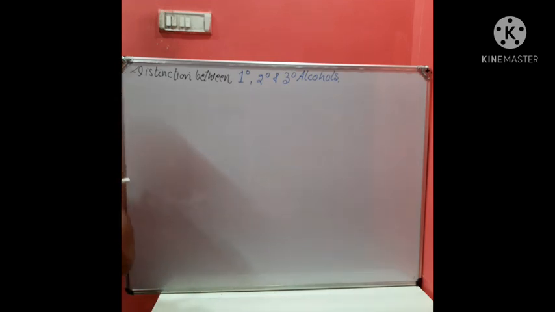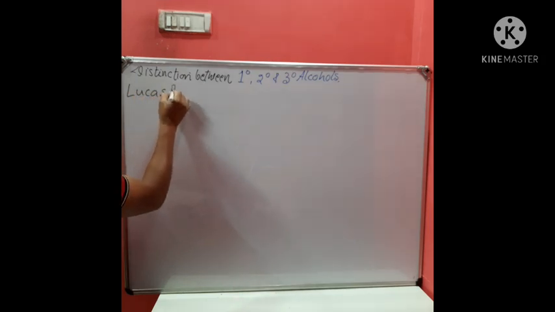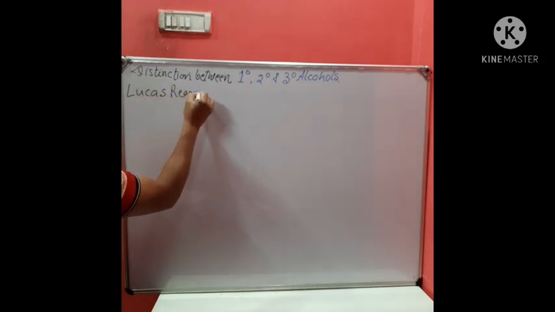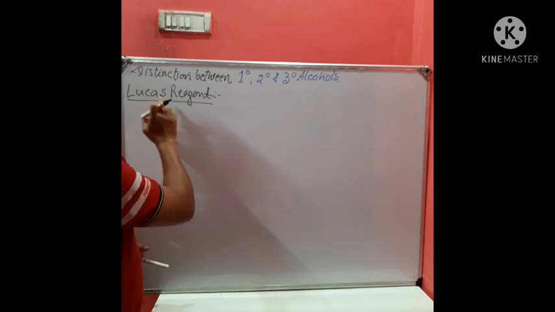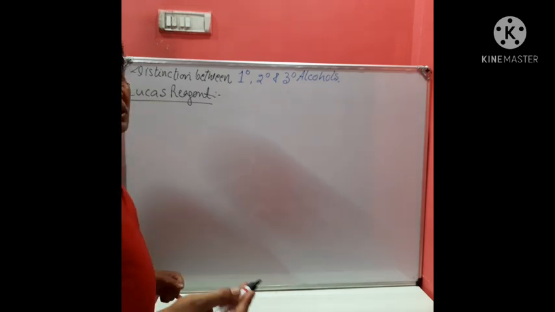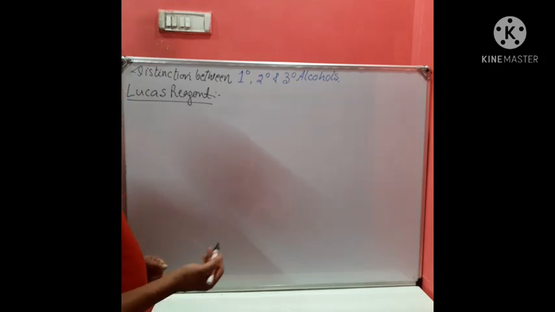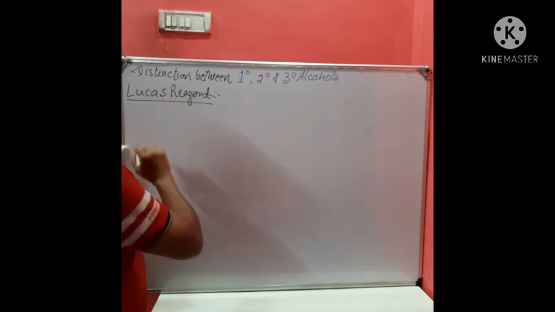So the first distinguishing test we can select is by using Lucas reagent. Student, in the first chapter we have seen the reaction of different alcohols with Lucas reagent and the formation of different types of products with different properties. What is the Lucas reagent?